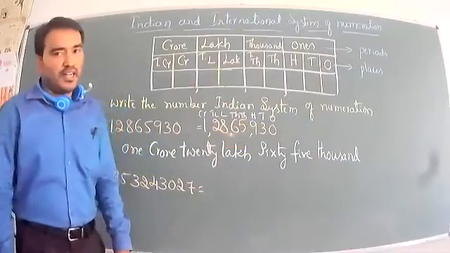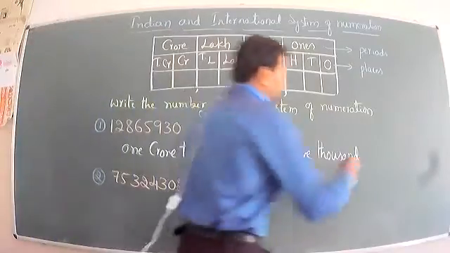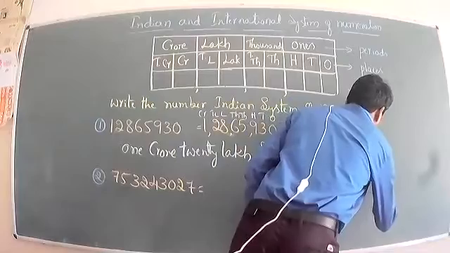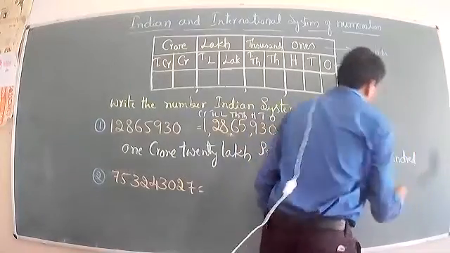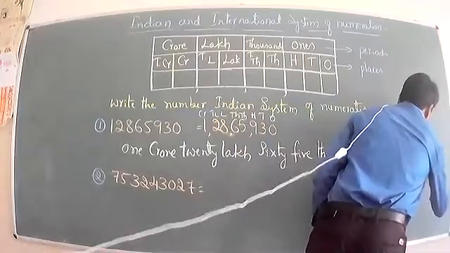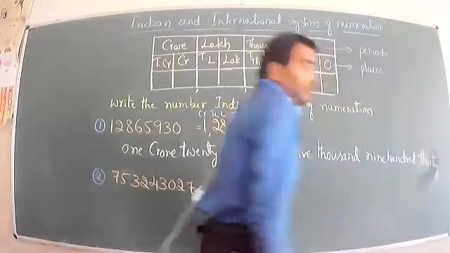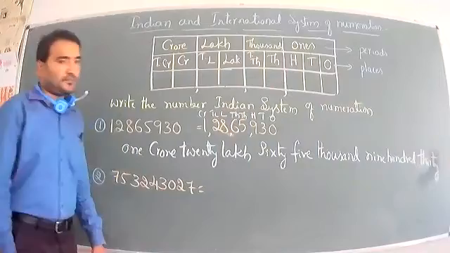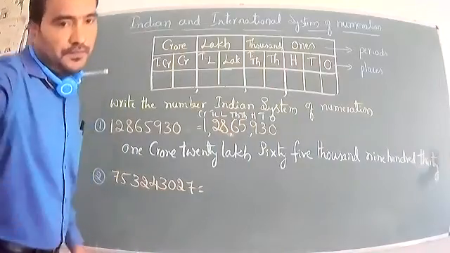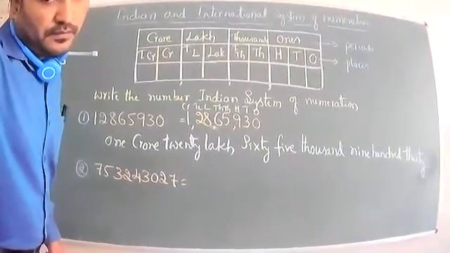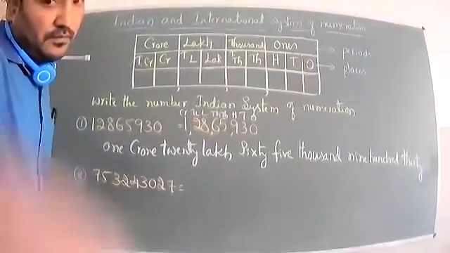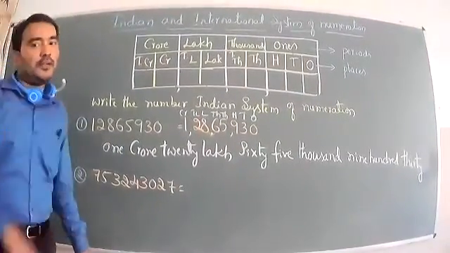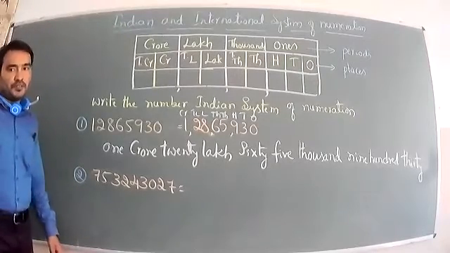Next, go for 930. Okay. So this type we should write the number name.